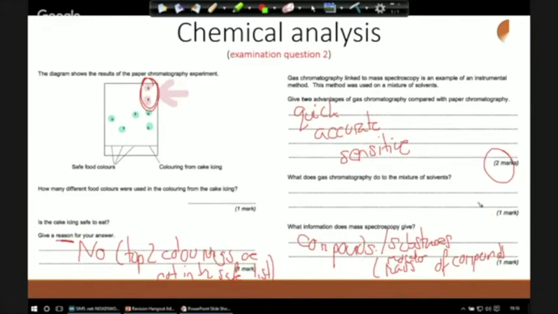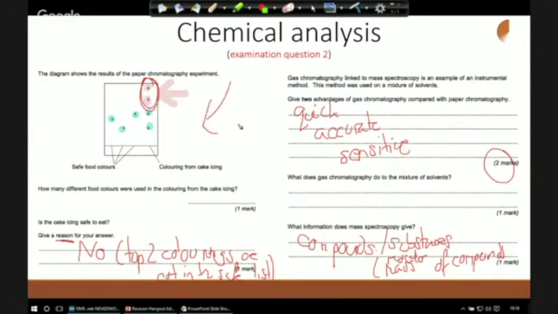I've just got a very quick question from Zoe, which is a good time to answer it. Zoe's asked, in an exam, can you just call human chromatography paper chromatography? No issue with that. Specifically in the exam, they will list very clearly if it is paper chromatography for you.